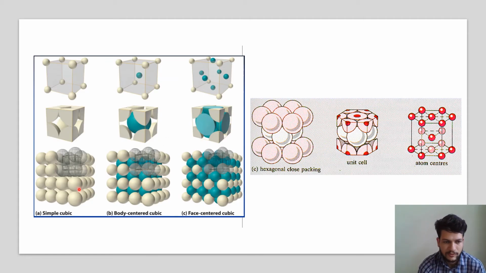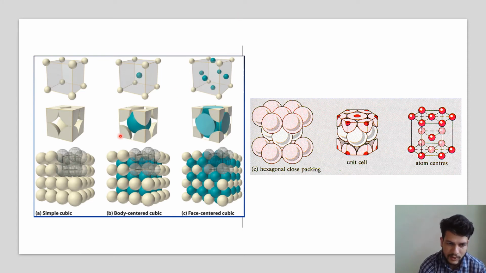Talking about different types of unit cell, in the simple cubic unit cell, the atoms are placed in the corners of the cube. For example, in this cube, 8 atoms are placed in the corners. So it is a simple cubic unit cell. So this is one unit cell, and this is the whole crystal, and it is made up of many unit cells: one unit cell, 2 unit cells, 3 unit cells, and a large number of unit cells.